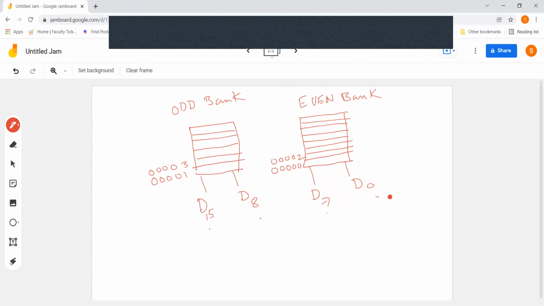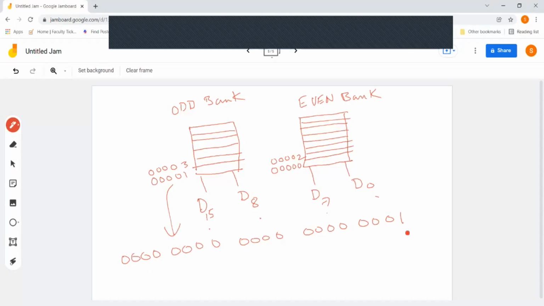Yes, sir. So this is the concept of odd bank and even bank. Just understand that it depends on the last bit. This 001 is actually represented by 20 digits, that is 00000000000000000001.